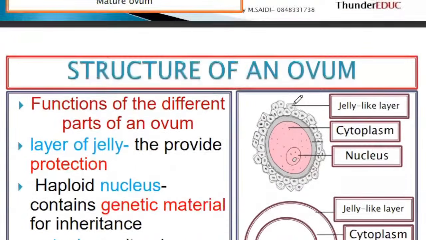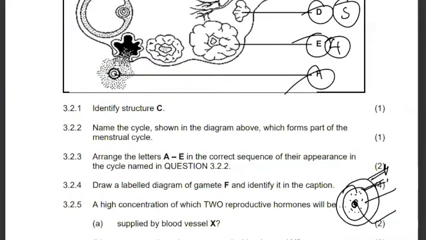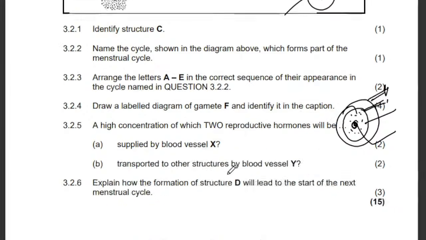And then you give it a name. They're saying give a name to the drawing of the gamete: structure of a mature ovum. Yes, because we are looking at an ovum which is mature, because even this is still an ovum, but it's not yet mature.